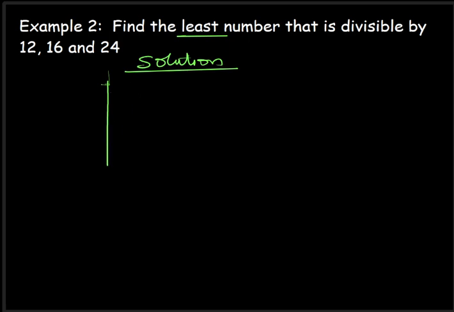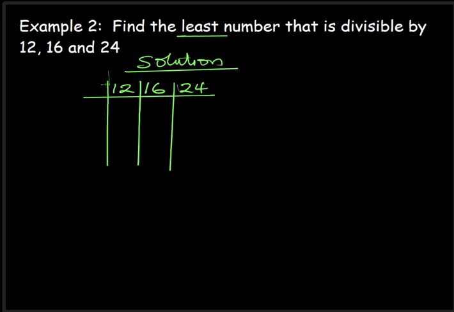We have our line here, and then we also have our line here. Okay, so let's see. We have 12, we have 16, and then we have 24.